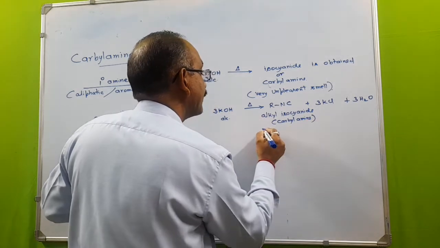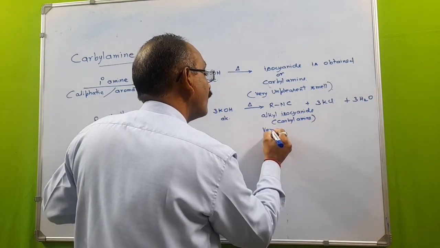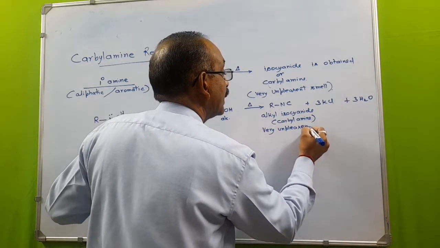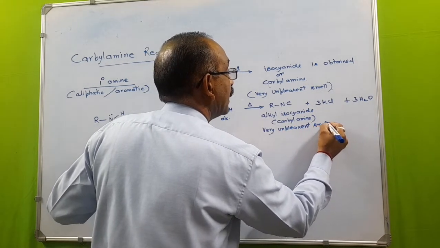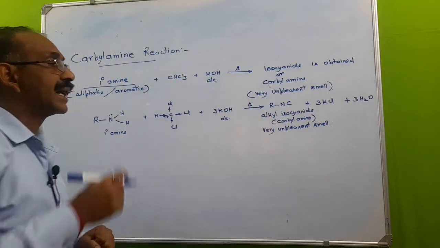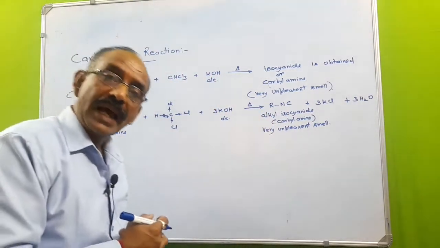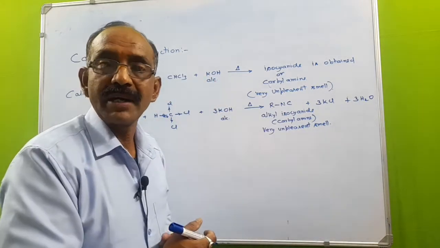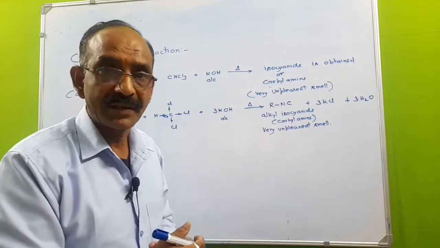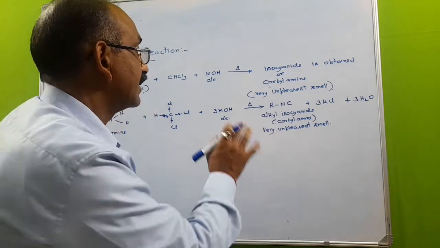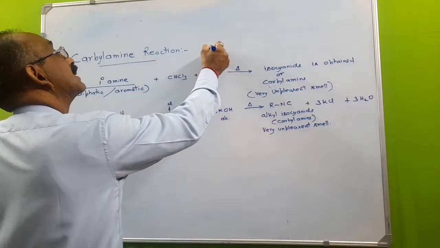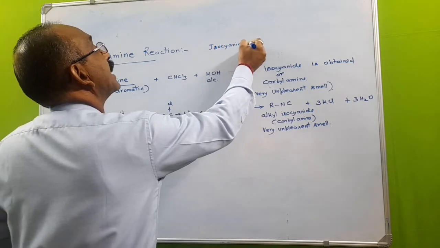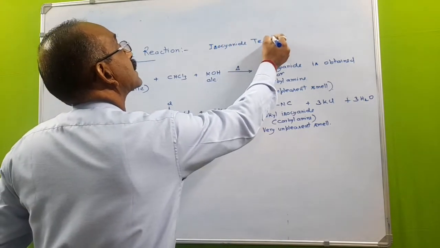and this one is having very unpleasant smell, and that's why this reaction is used as a test for separating the primary amine from the secondary and tertiary, and thus the reaction is also known as isocyanide test.